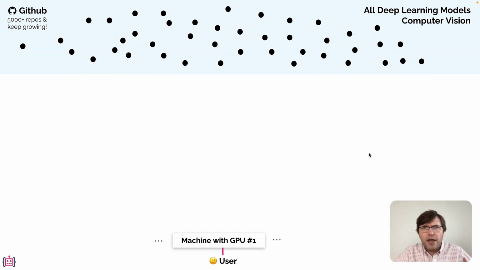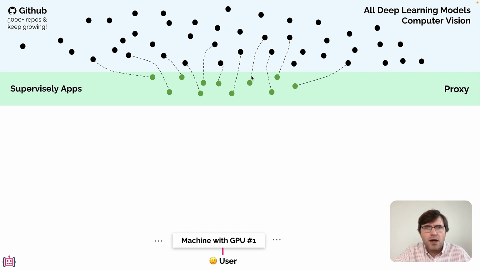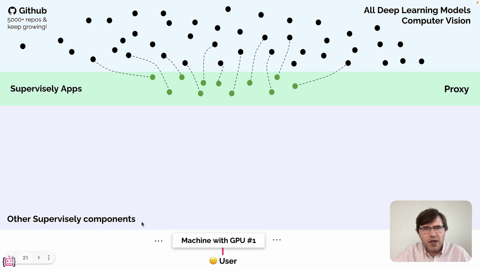So let's go back here and illustrate another layer here, which is Supervisely apps. And Supervisely apps, you can think of them just as forks from popular GitHub repositories, and in many cases they are forks. So there might be other Supervisely components.